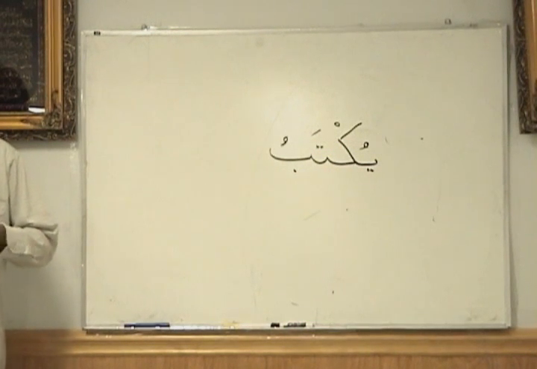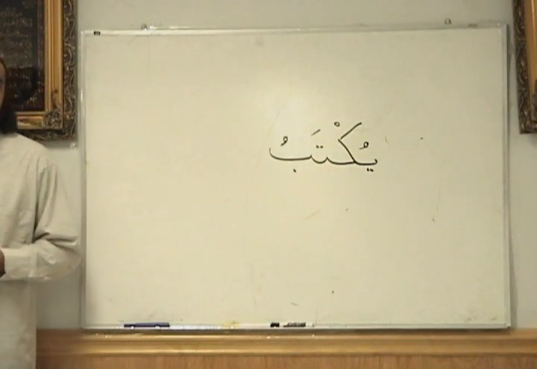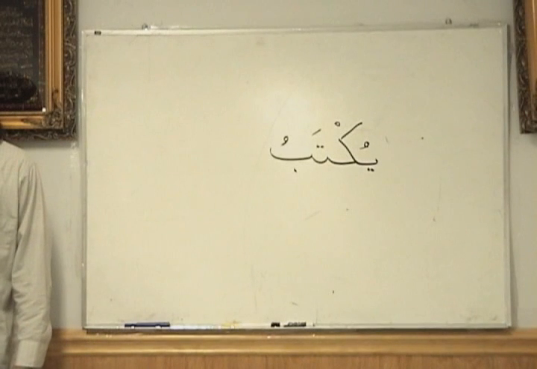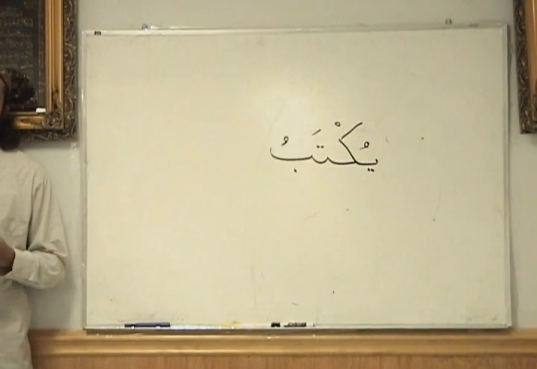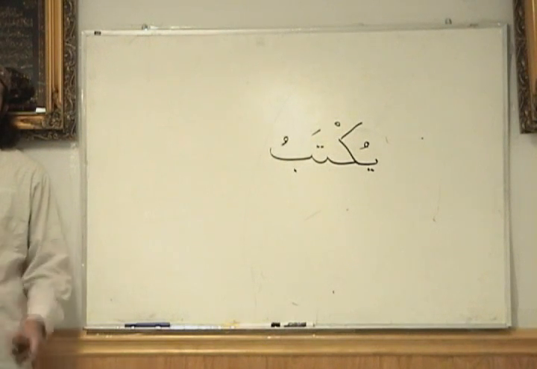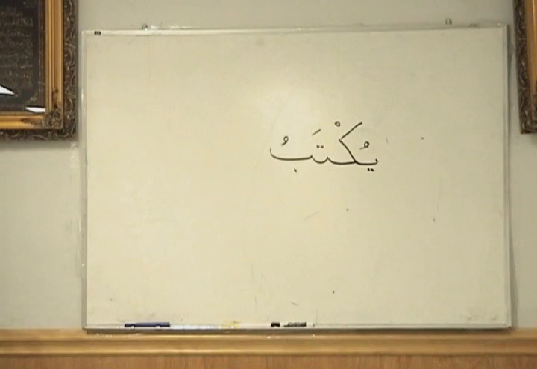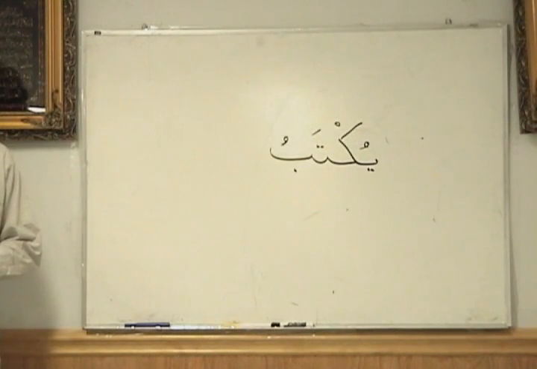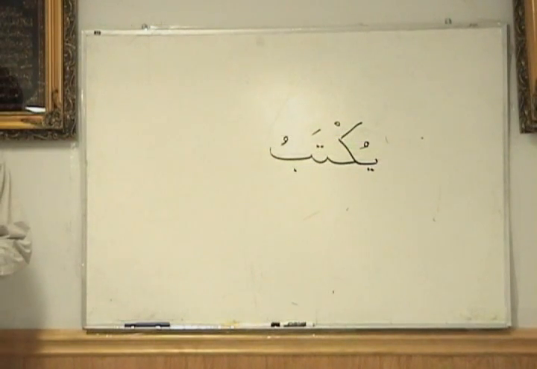Yuktabu al-kitab makes sense because the pronoun huwa in English means he, but in Arabic it could refer to anything that has a masculine name. In Arabic, every ism is either feminine or masculine, whether it's a human being, animals, or inanimate objects. It depends on the noun.